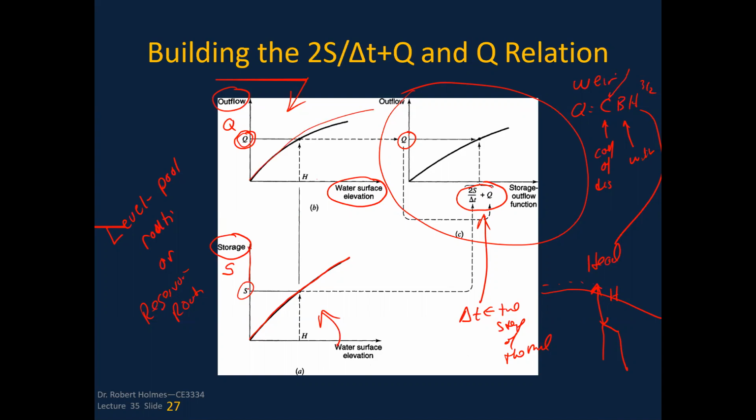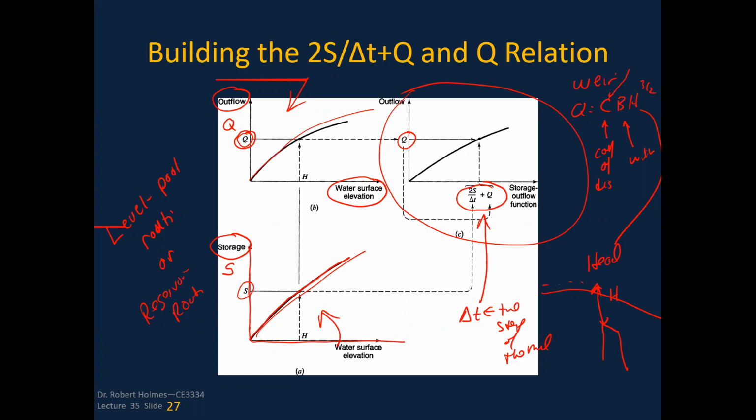For the storage versus elevation curve, you'd have to have some sort of surveyed data. In the example problem we're going to work in a second, I tell you that you've got a 2-acre reservoir with vertical sidewalls. So we know that the bottom surface of that reservoir is 2 times 43,560 square feet, right?